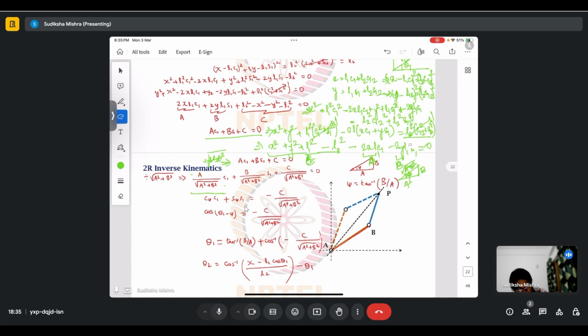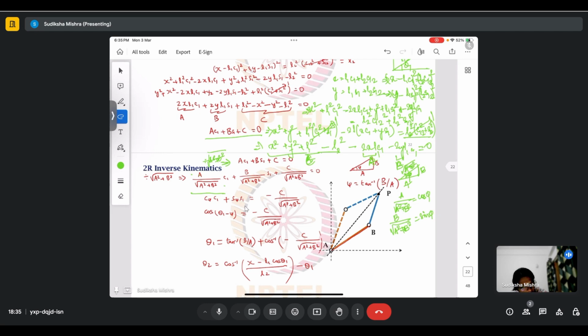Assume that this angle is psi, so A by root over A square plus B square is cos psi, and B by root over A square plus B square is sin psi.